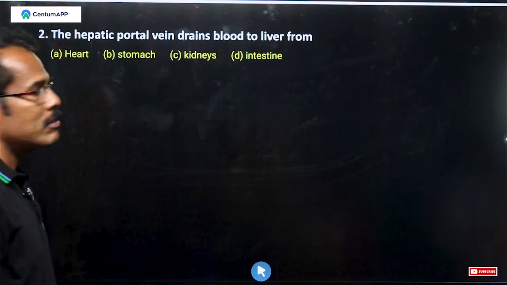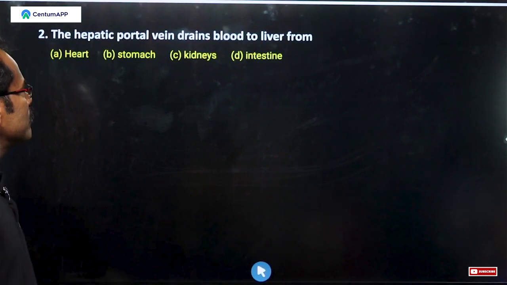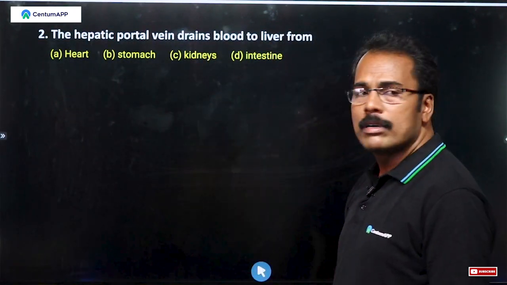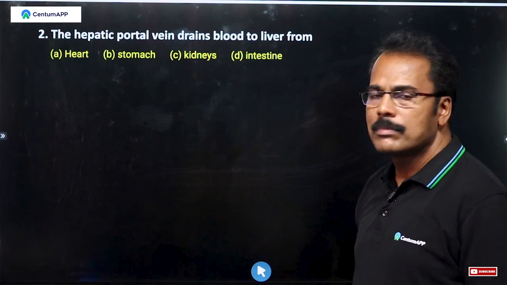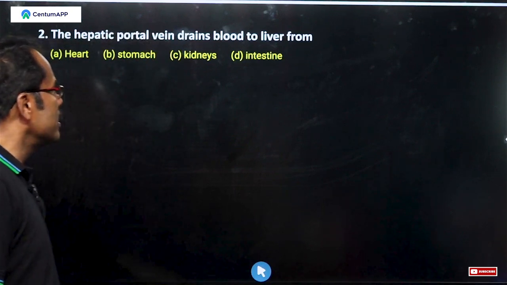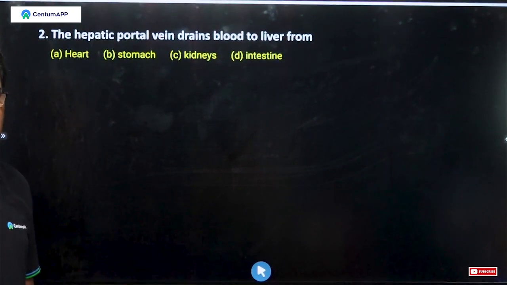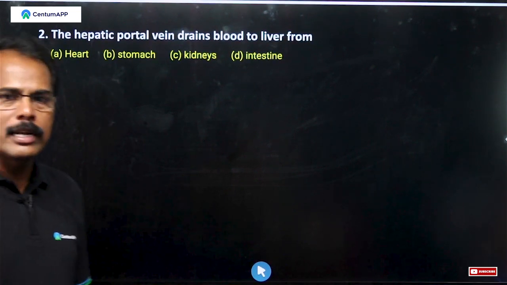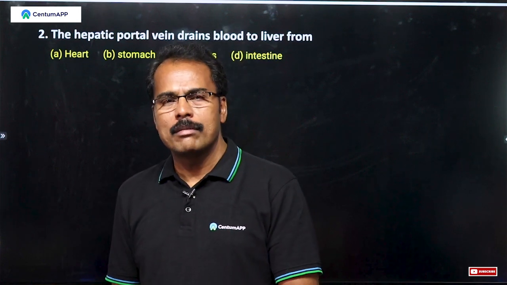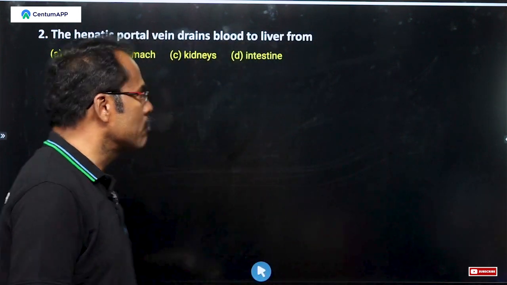The next question for today's session is: the hepatic portal vein drains blood to the liver from. Actually, there is a portal system in our body, that is the hepatic portal vein, which transports blood from the alimentary canal to the liver before releasing it into the heart or veins.